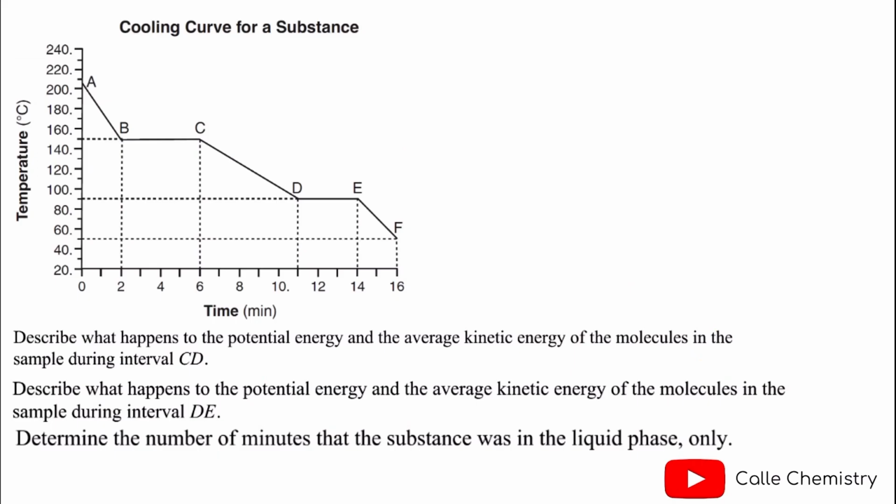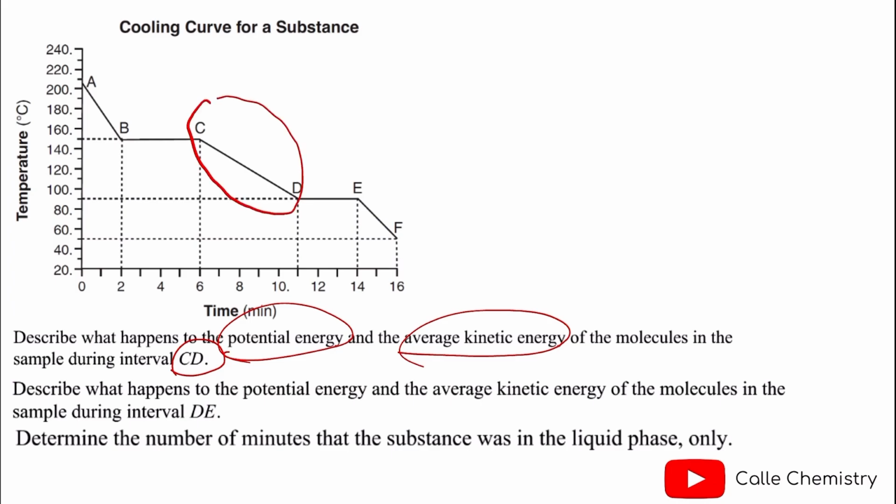So how would we be asked questions of the cooling curve? Let's take a look at this one. What happens to the potential energy and average kinetic energy during CD? So I'm going to circle CD. Well, I see at point C, I'm at 150, and point D, I'm at 90. So the temperature dropped.